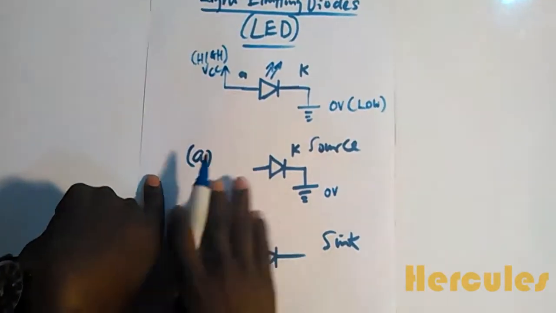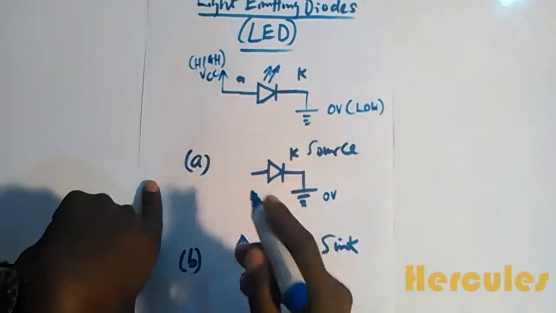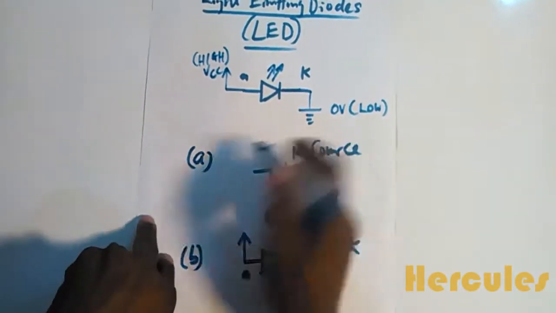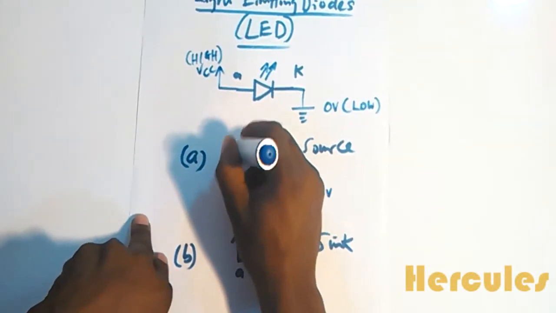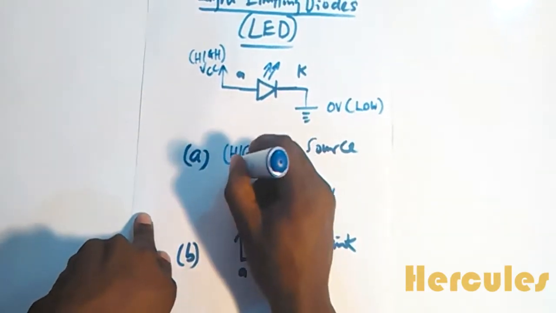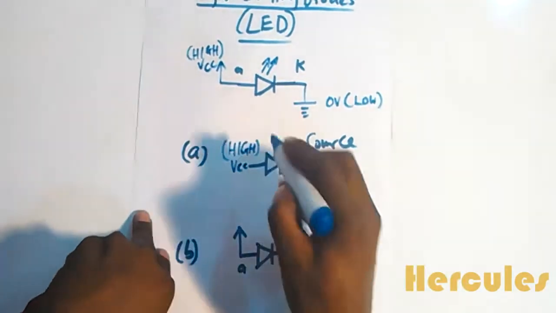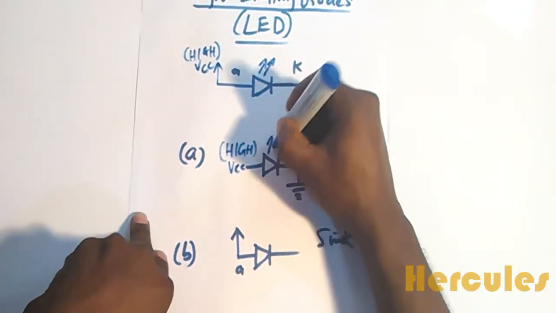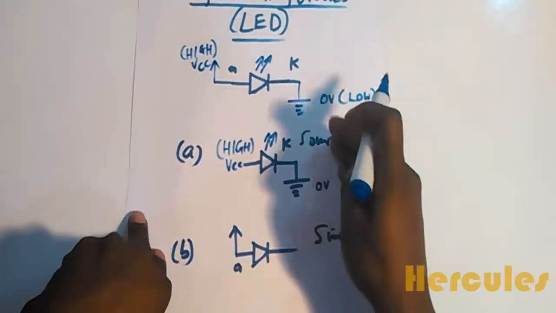In this scenario, a 1 or a high is what is required to turn on the LED. So if we have a high here, that's VCC, this LED comes on. In this case, we have a high turning on the LED.